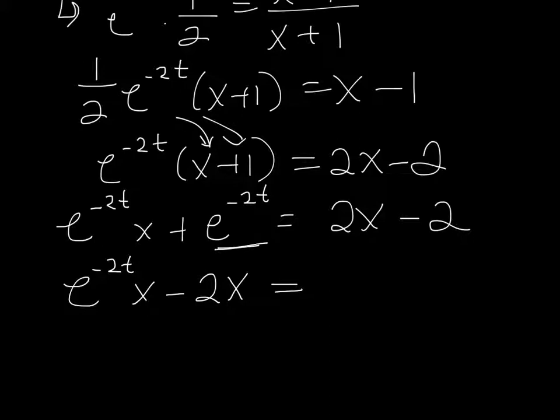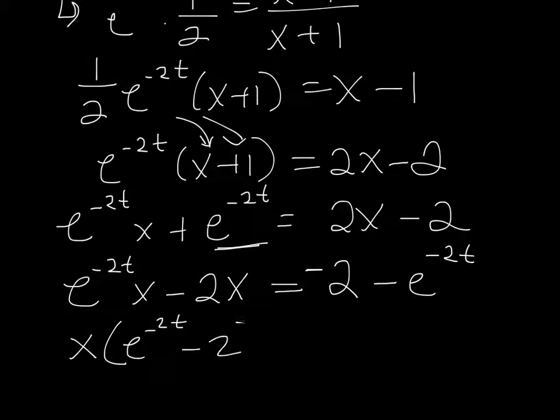And then I'm going to bring this guy to the right because it has no x. And actually, I'm going to write my 2 first. I'm going to have negative 2, and I'm subtracting this guy. And I can factor a greatest common factor.